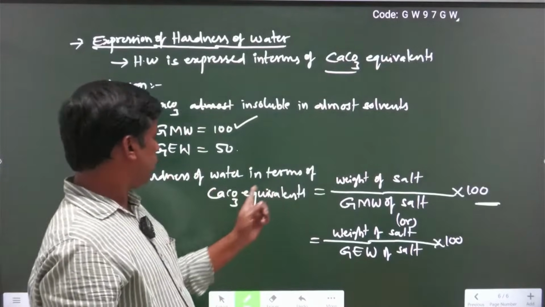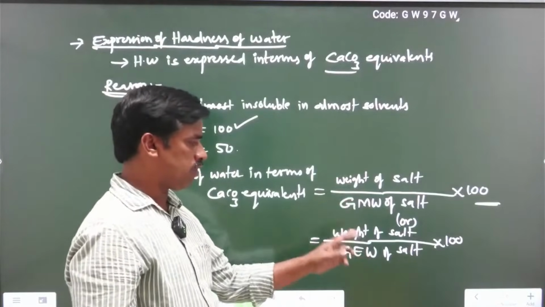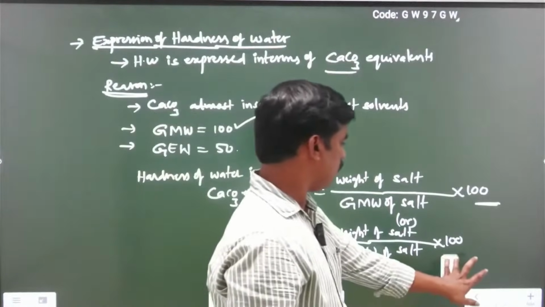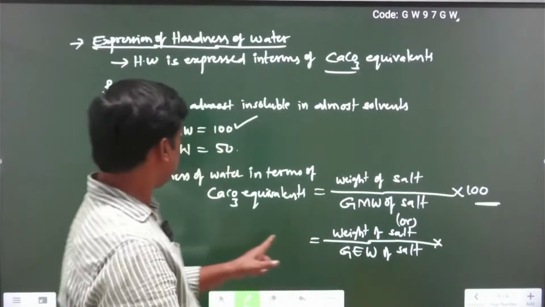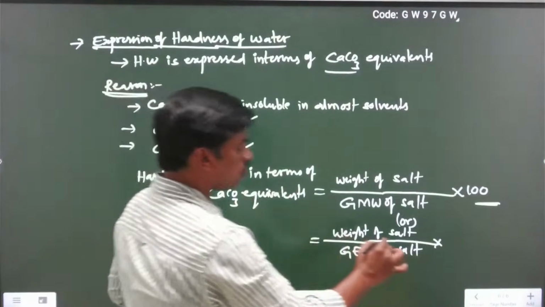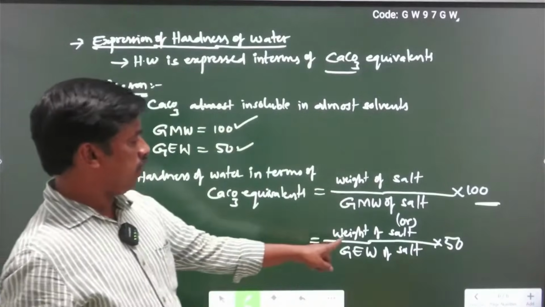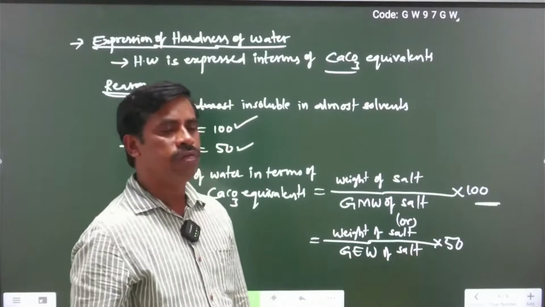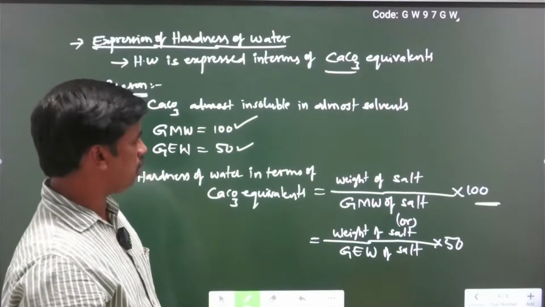Oh sorry, one small error is here. Whenever you are taking gram equivalent weight, what is it? 50. It is going to be multiplied by 50. You can change this: weight of salt divided by gram equivalent weight of salt, into 50.